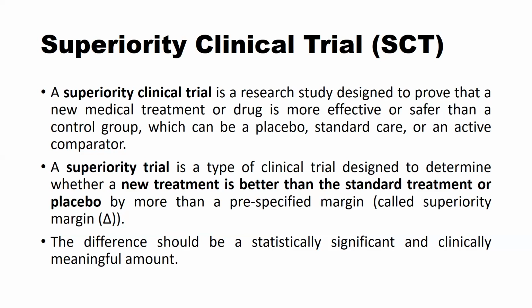So there is a difference of 10%. We can take it as a superiority margin, that is 10%. Drug A should be at least more than 10% better to prove it superior compared to drug B. You can take a 5% superiority margin, you can take 15%, but all of these depend on your previous research, your clinical experience, your pilot study, or you can assume.